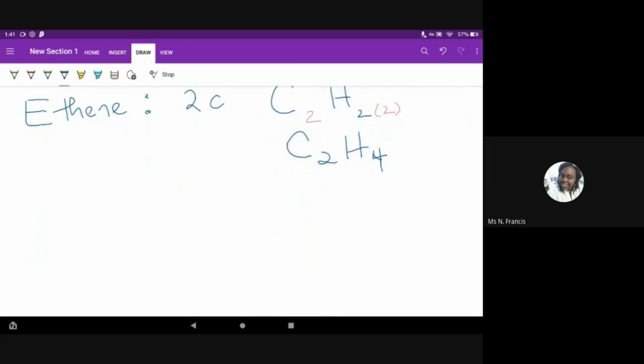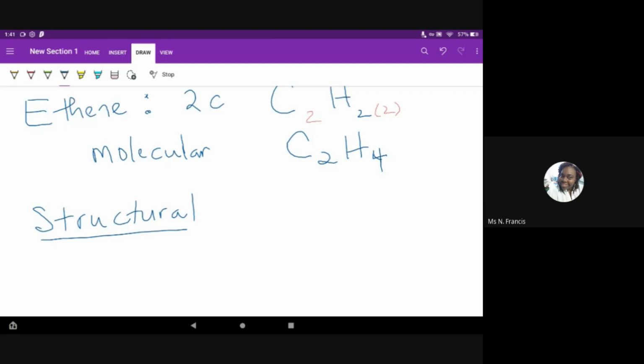Now that's one example. So this is molecular. We need to now look at our structural formula. How do we draw this? Now, whenever we're drawing, ladies, always start with your carbon backbone.